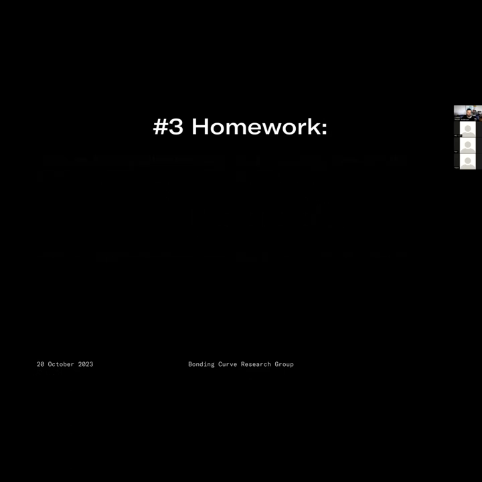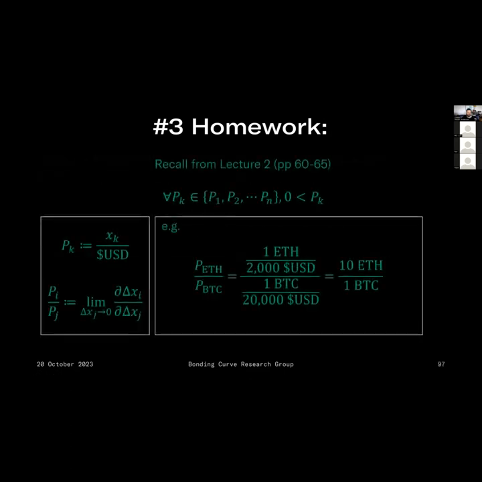And last but not least, I need to refer back to some of the conventions that I introduced in the last lecture, which is that these price values are all numbers greater than 0, and that I define them to be in this direction, right? It's the token divided by the US dollar value, or its euros value or pesos value, it doesn't really matter.